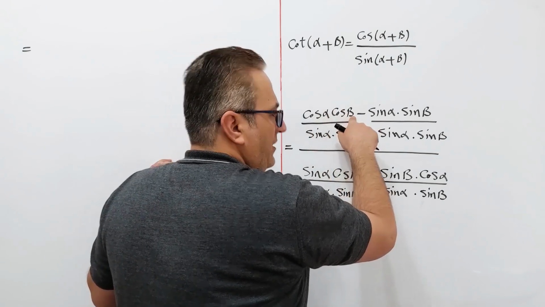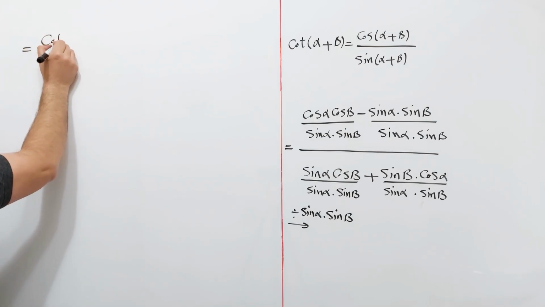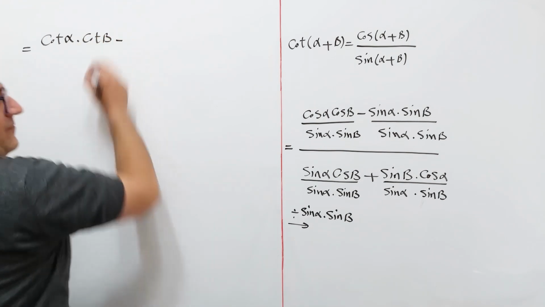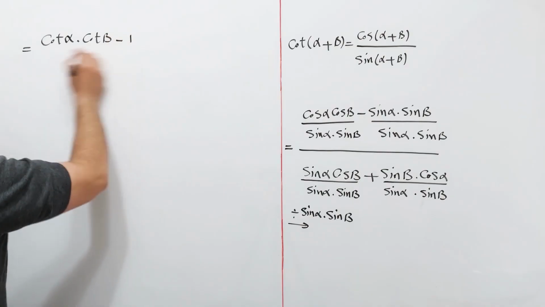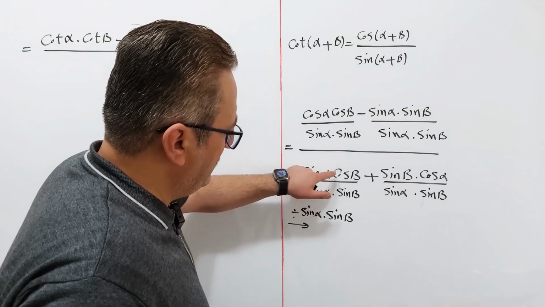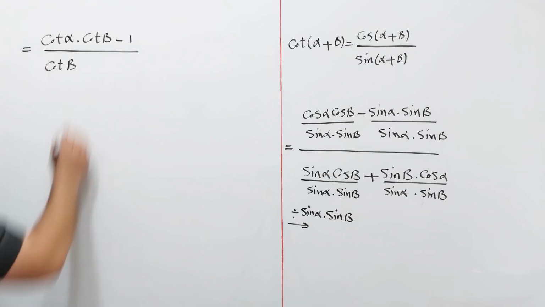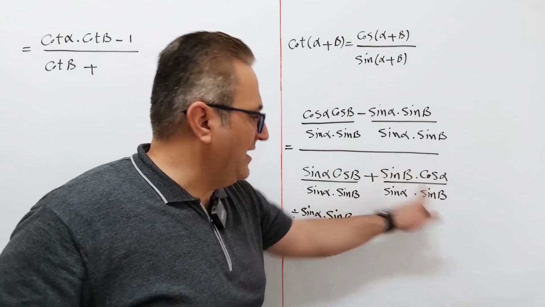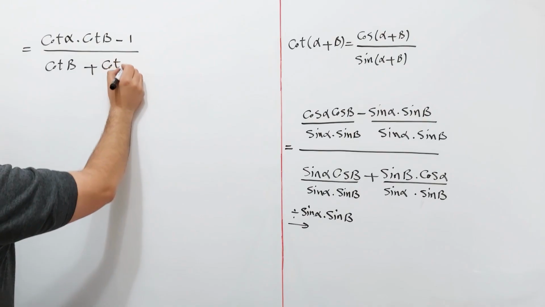So we have cosine alpha times cosine beta divided by sine alpha times sine beta is equal to cotangent alpha times cotangent beta minus sine alpha sine beta over sine alpha sine beta, they cancel out, minus 1, divided by sine alpha, they cancel out, and we have cosine beta divided by sine beta is equal to cotangent beta plus sine beta, they cancel out, and we have cosine alpha divided by sine alpha is equal to cotangent alpha.